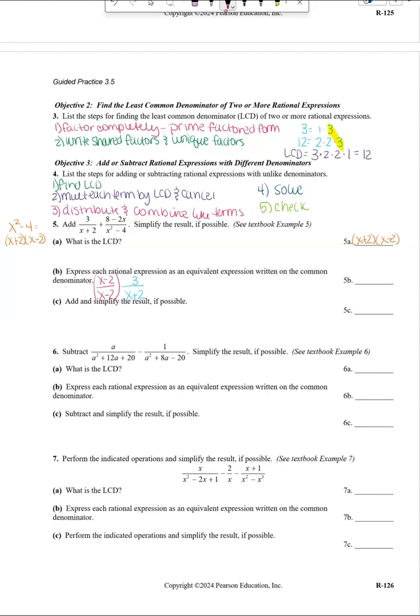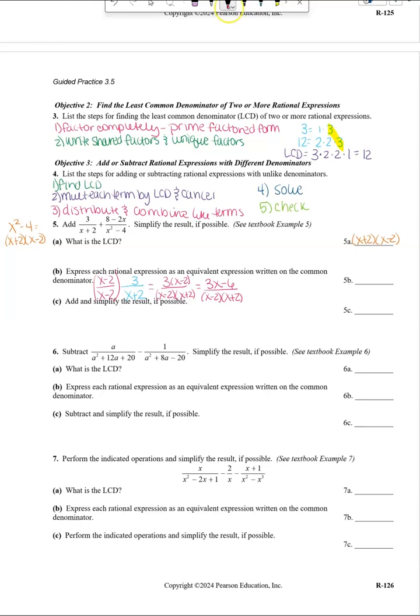So that's going to give us 3 times x minus 2 over x minus 2 times x plus 2. That equals 3x minus 6 over x minus 2, x plus 2.